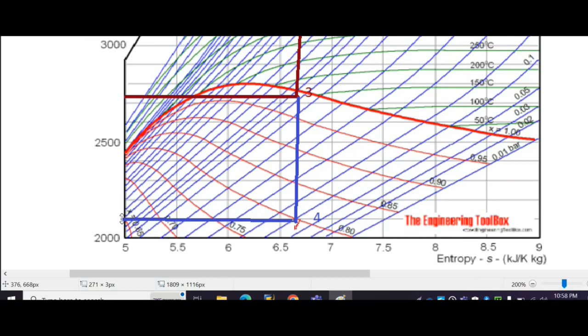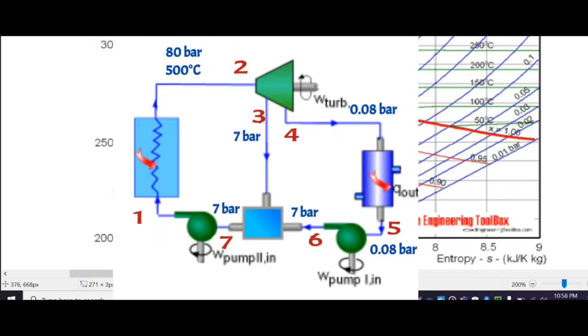Now we will find out the value of H5. So how to find out? Now if we observe the temperature entropy diagram, then point 5 is on the saturated liquid line. So to find out the enthalpy at 5, we have to refer to the steam table. Now at point 5, what is the pressure?